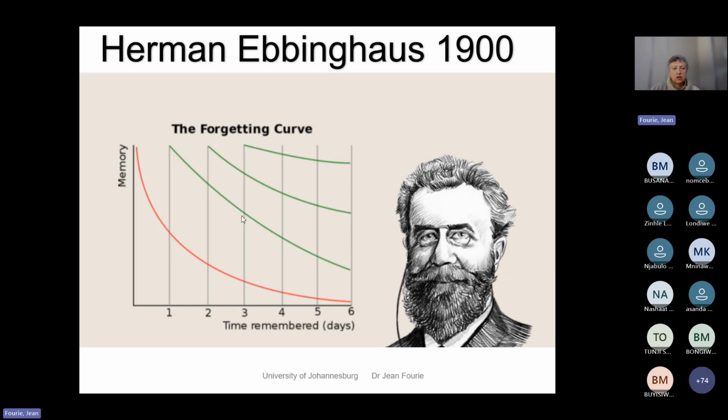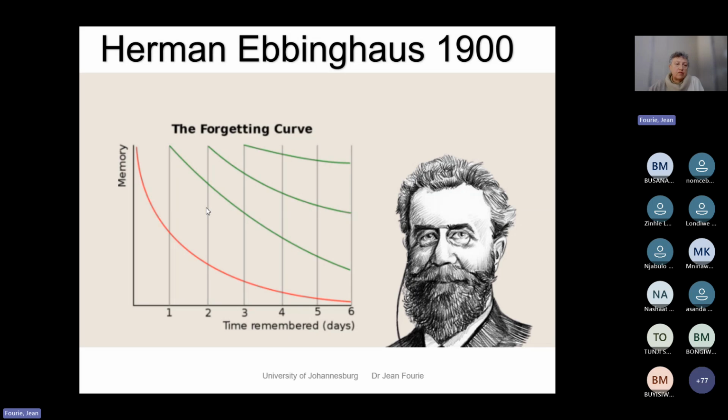We test them in day 3, and they will have forgotten some of it, but they remember much more than they would have if they did not have the second input. And if we have a look by day 6, the amount of recall is much higher. So let's say they're remembering about 10% of the information.